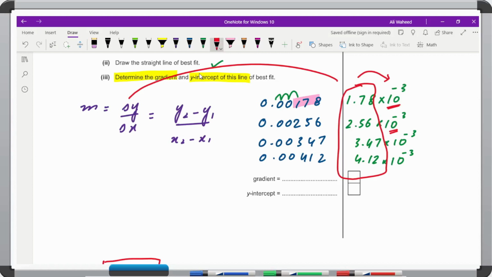For example, you open up May June 2022 paper 5.2. Then you open up the marking scheme of that paper as well. From the marking scheme, you can fill the table, and then you can make the axis, you can scale the axis according to your formula, according to your working.